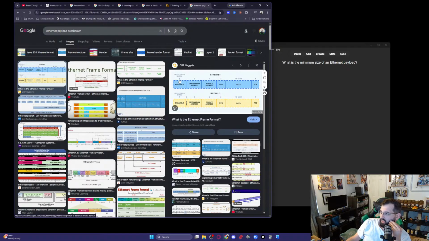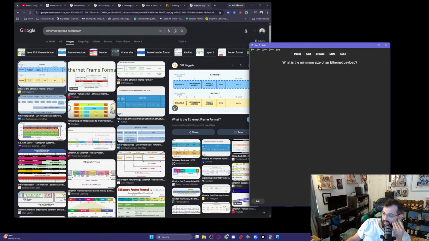The minimum size of the payload is going to be 8 plus 6 plus 6 plus 2 plus... That's it, right? So 12, 13, 14, and then 14 plus 8 would be 22? That's not right.